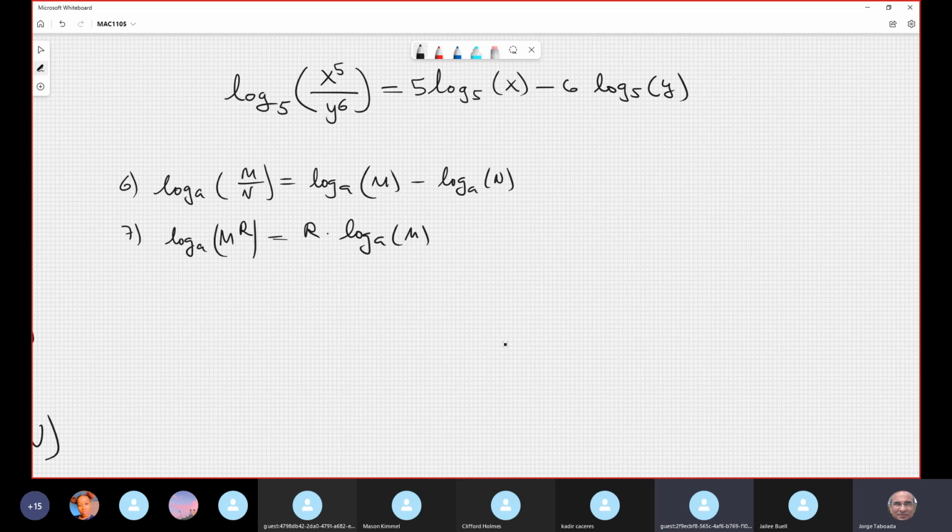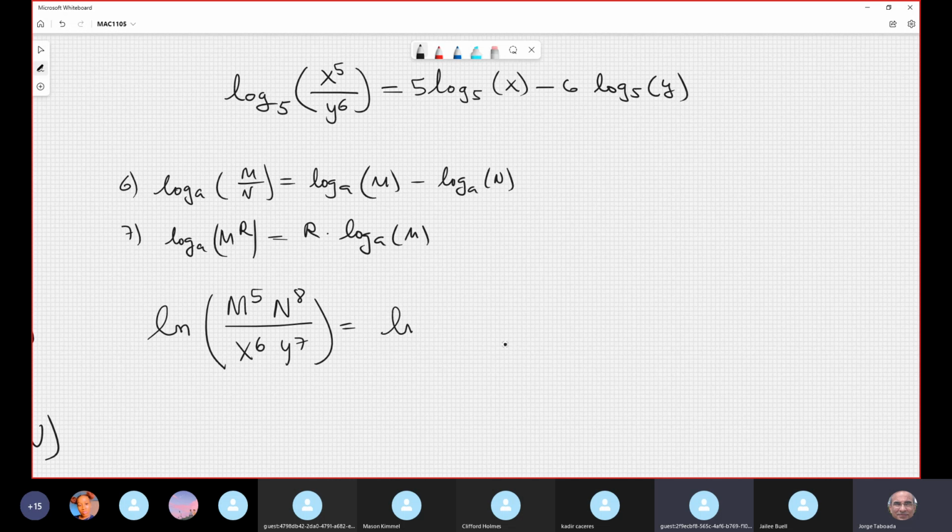Suppose you have the ln, the natural logarithm from calculus, of m to the 5th, n to the 8, divided by x to the 6, y to the 7. Same operation, expand. We have 1, 2, 3, 4 expressions, and you expand into 4 terms.